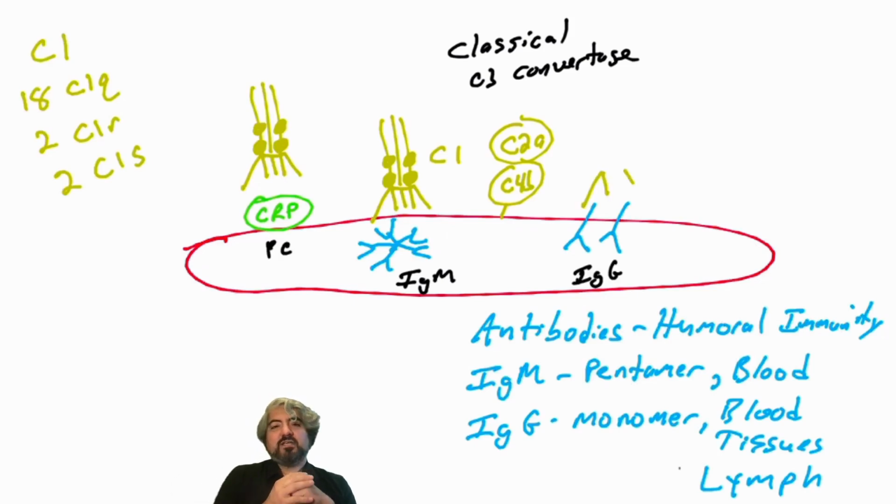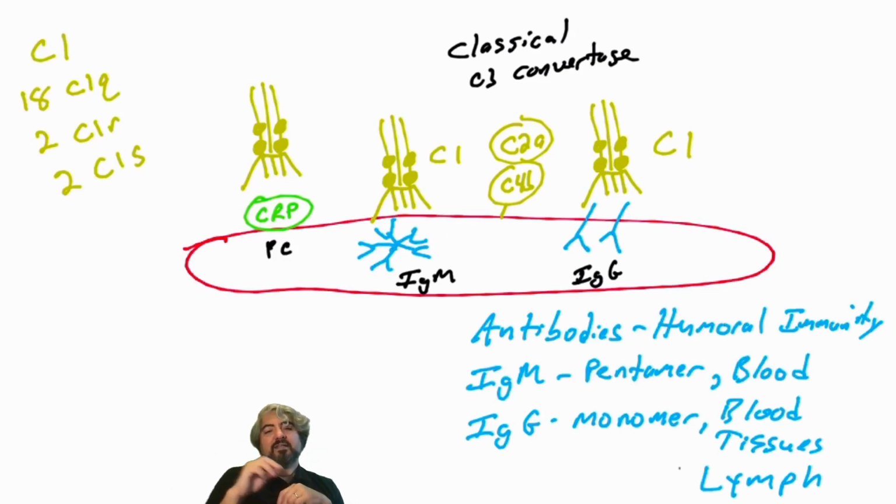IgG will bind to the surface of a pathogen, and again, the C1 molecule can bind to the Fc regions of the IgG proteins. And when C1 binds, we again know what happens. The C1r, C1s proteases activate, cleave C2, cleave C4, and again, you have the formation of the classical C3 convertase.